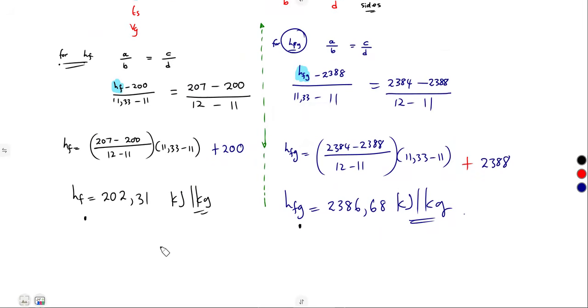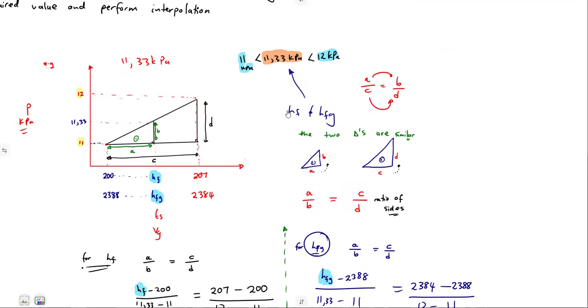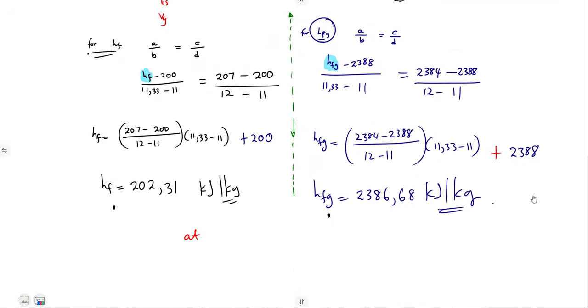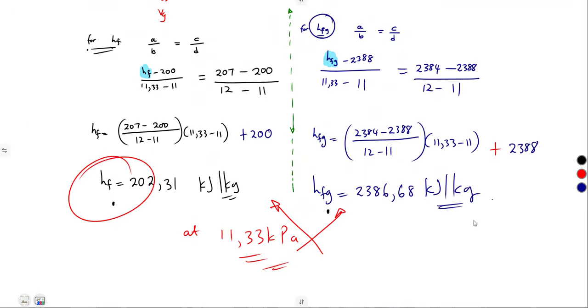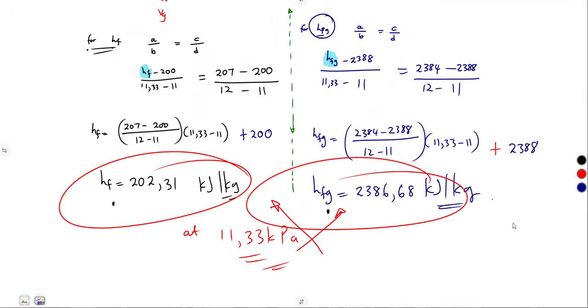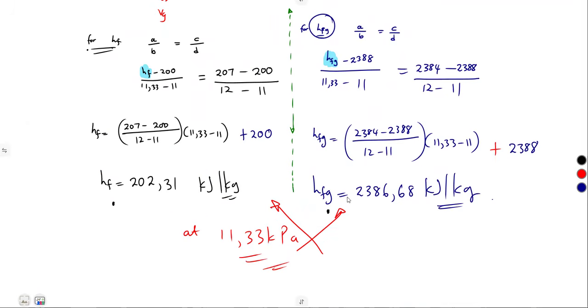So here we are saying that at the given pressure, 11.33 kilopascal, our HF, instead of rewriting, let me just show you. Your HF is this, and your HFG is that. These are the corresponding enthalpies, HF and HFG, at this given value of 11.33 kilopascal.